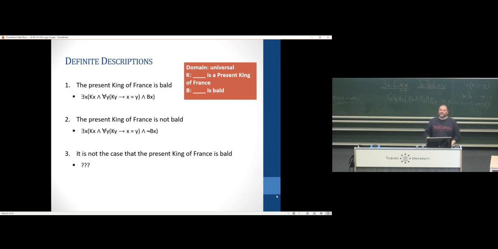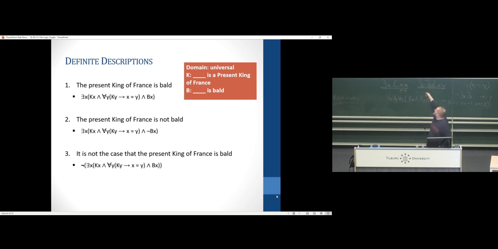With me so far? Now, last one, how would I say it's not the case that the present king of France is bald? Yeah, basically we're going to take this and kick it all the way up in the front, right? So we get this. Now, when we look at these 3 sentences, does the falsity of 1 imply the truth of 2?